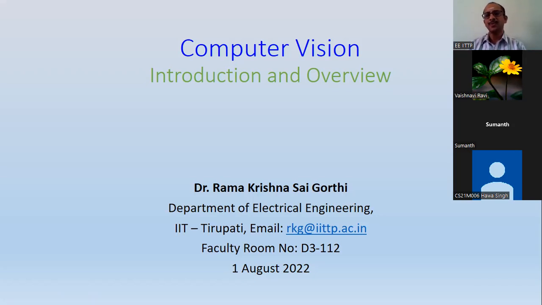We give more importance in this course to the conventional methods of computer vision. Of course, I have seen some of the students have already taken either machine learning or are taking deep learning. Those will be helpful in your mini projects.